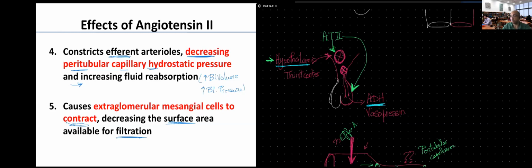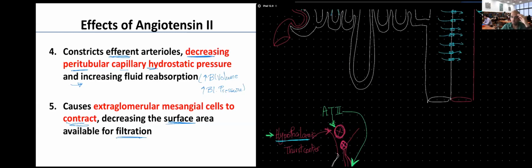This drives me to drink a beverage, increasing the blood volume and pressure. And it stimulates the neurons responsible for the formation and release of ADH, antidiuretic hormone.